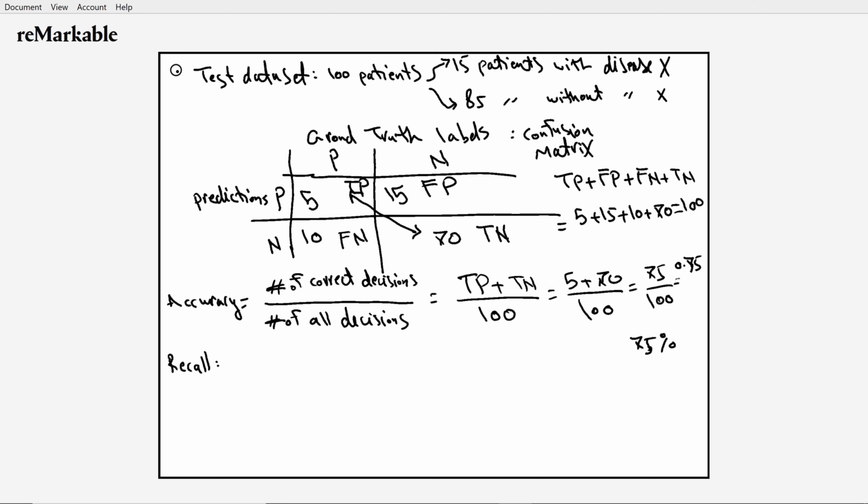Once your model makes predictions, one way to measure the success of your model is to ask the following question: how many of those 15 positive patients were detected by your model? If your model is detecting 14 out of the 15 patients, then it's good. But if your model is only predicting correctly one or two of those cases, then probably that's not good. So we want to capture that concept.